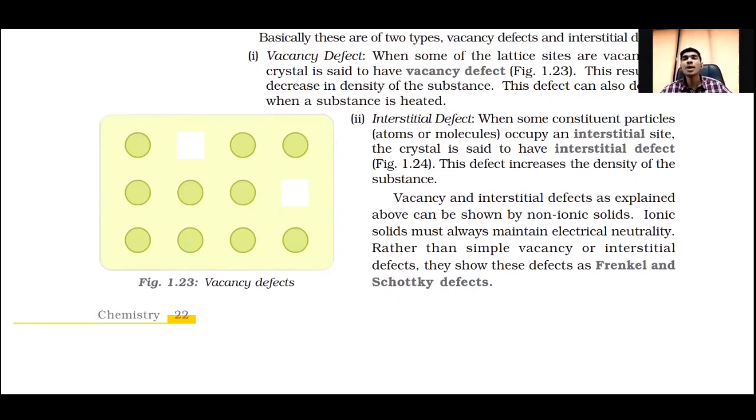In non-ionic solids, ions don't matter, but in ionic solids, if one cation goes, an anion must also go, only then will we be electrically neutral, otherwise it will become positively or negatively charged. So we don't do this. Rather than the simple vacancy or interstitial defect, they show a Frenkel defect and Schottky defect. The vacancy defect in ionic solids we will call something different, and the interstitial defect we will call something different.